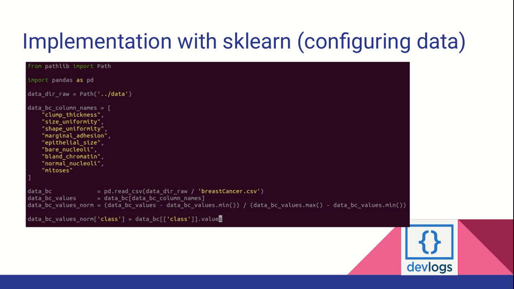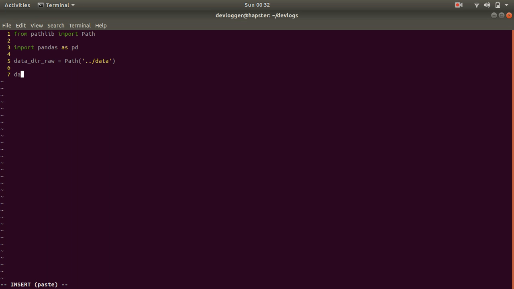So let's go ahead and first define the column attributes that will need to be passed to TSNE. So we only need the 9 dimensions.